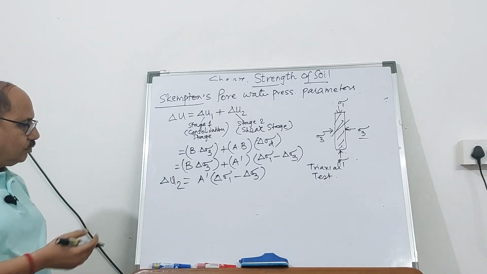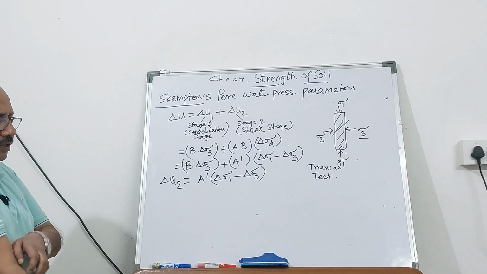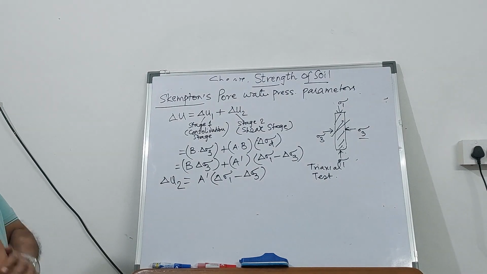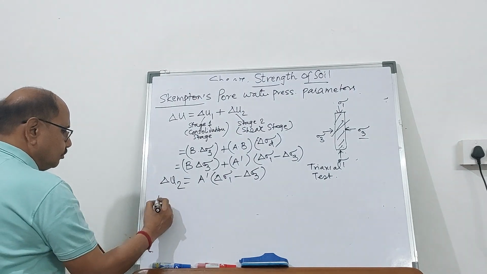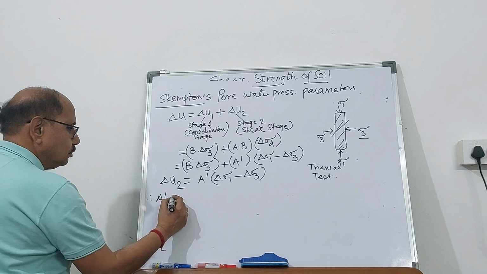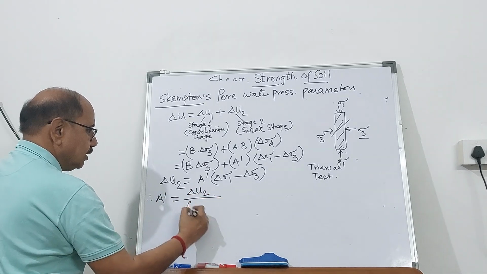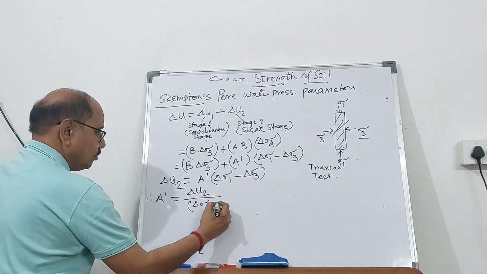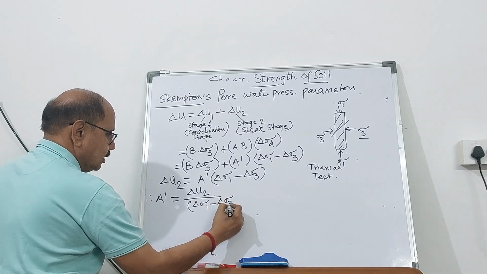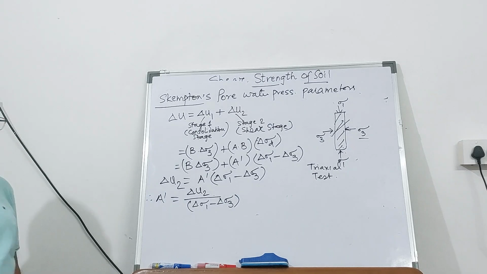It has been explained in a simple way. Now, if you want to find out A prime, it will be delta U2 divided by delta sigma 1 minus delta sigma 3.